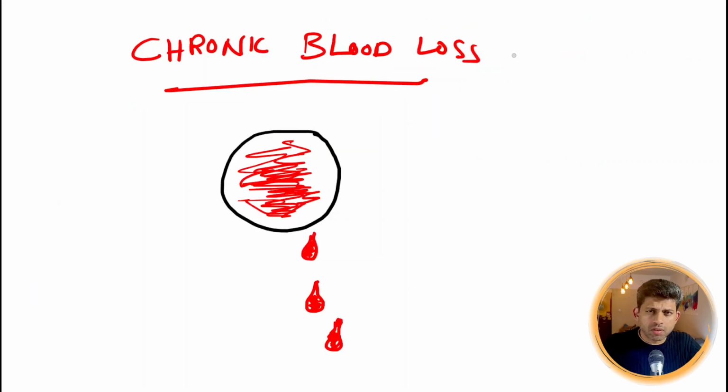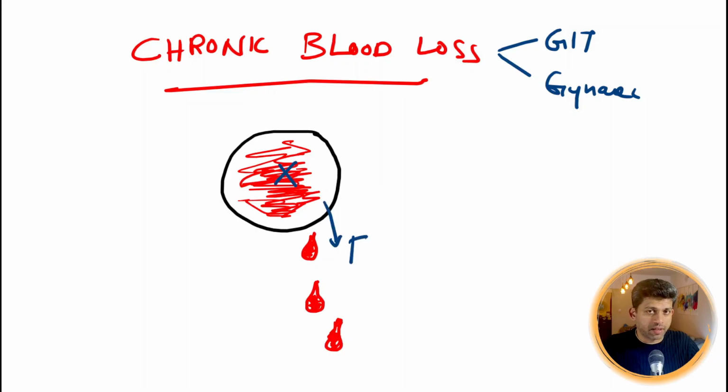Chronic blood loss often occurs due to leakage of blood through the gastrointestinal tract or due to blood loss because of gynecological issues. Here, anemia is caused by a different mechanism. The problem is not loss of volume but loss of iron.